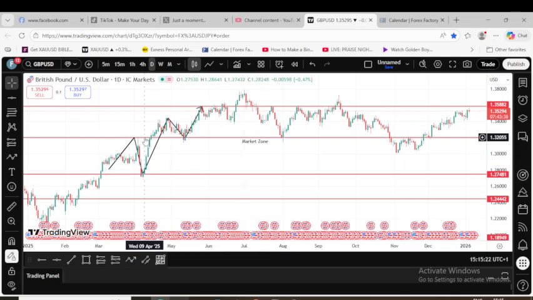So this makes it a very valid level, because price found resistance here and later on found support on this level.